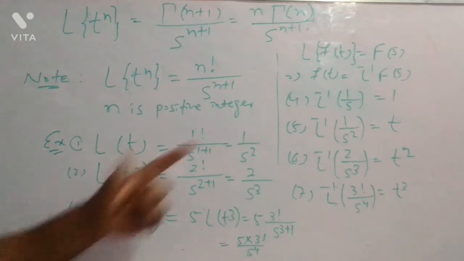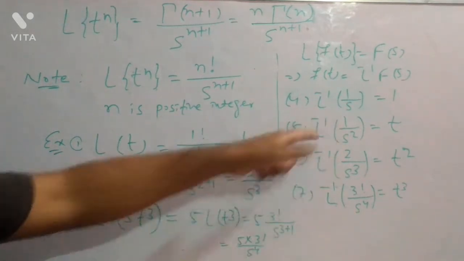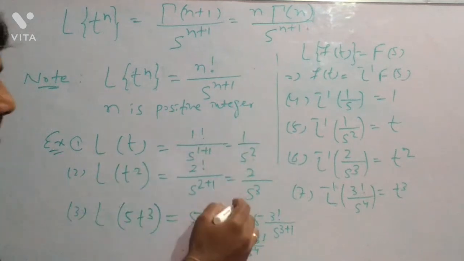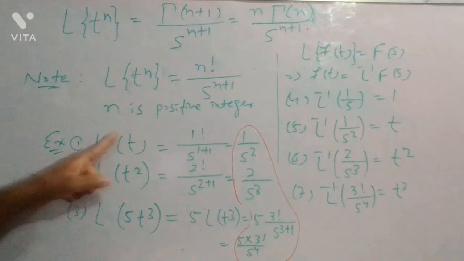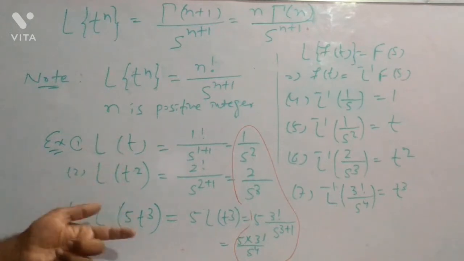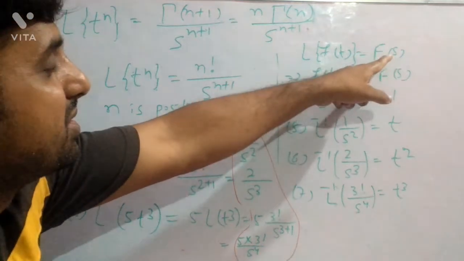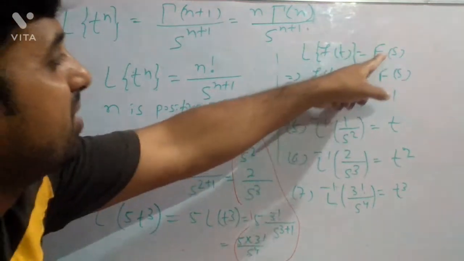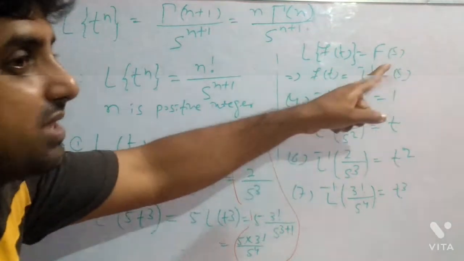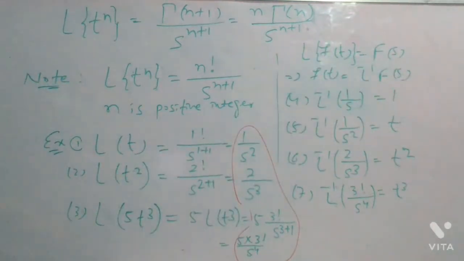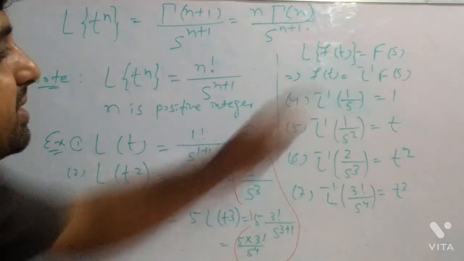And if you want to find the inverse of these resulting functions, we must get back the original functions. How? Because Laplace of f of t equal to F of s. If Laplace of f of t equal to F of s, then what will be f of t? It is Laplace inverse of F of s, which we discussed in the inverse function. So what will be Laplace inverse of 1 by s?